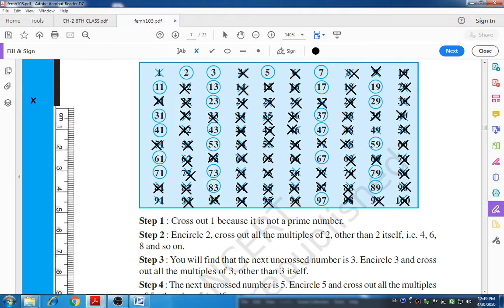Look at here carefully. How many one digit prime numbers are there? That is 2, 3, 5, 7. That means only 4 numbers which are one digit prime numbers.